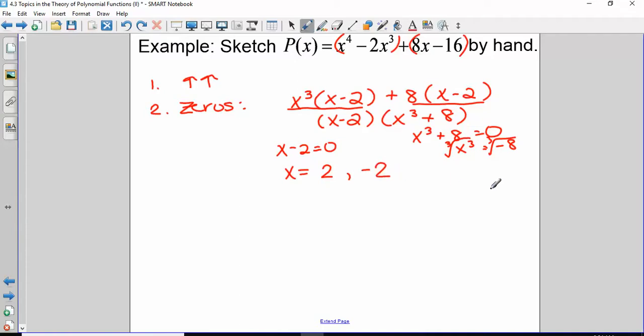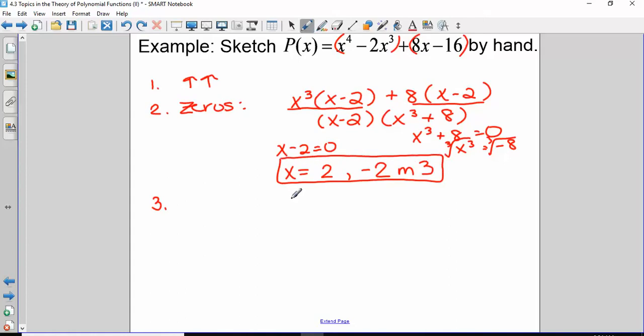Negative 2. Because it was cubed, what would our multiplicity be? 3. Okay. So that's our zeros and multiplicities.